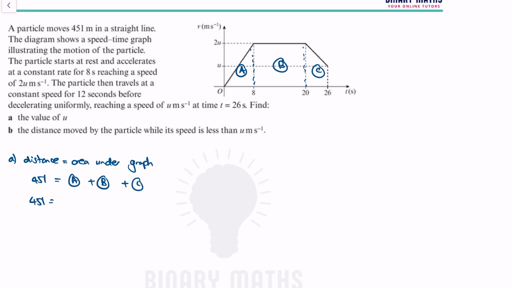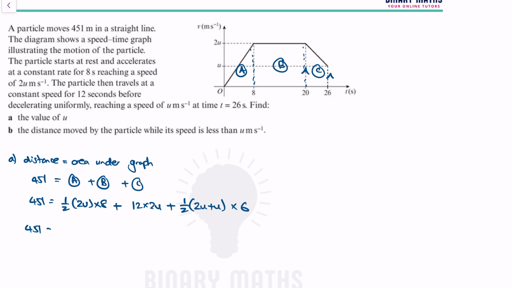So A must be half times 2u times 8, which is the area of a triangle. B must be just the area of a rectangle, so it's 12 times 2u. And C is a trapezium, so we have the 2 parallel sides, which is half times 2u plus u, times the height in between, which is 6. So we need to simplify this.